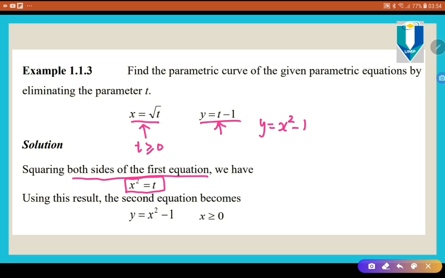So x is also bigger than or equivalent to 0 because t cannot be negative. So if you square, you also have to write x is bigger than or equivalent to 0. Okay.